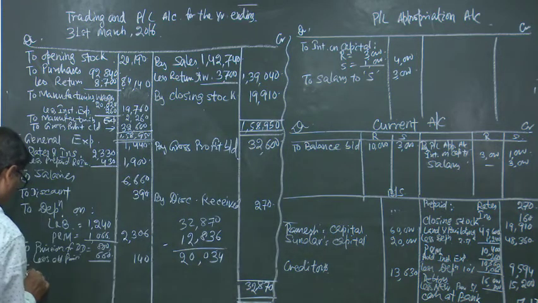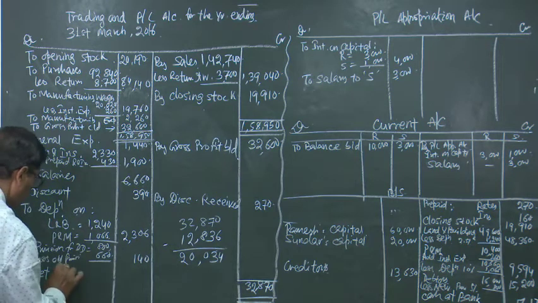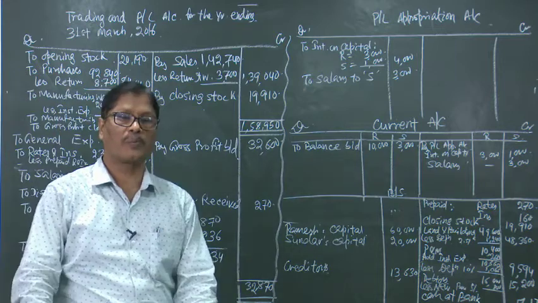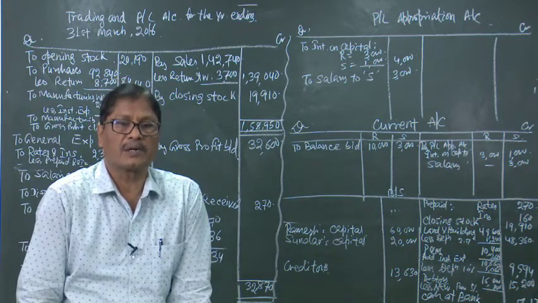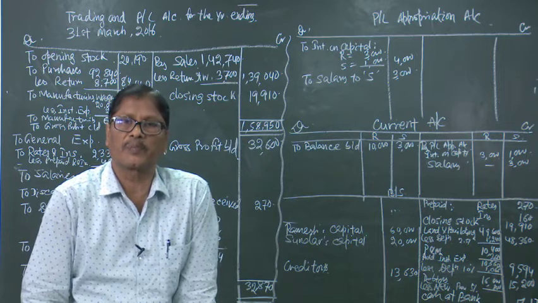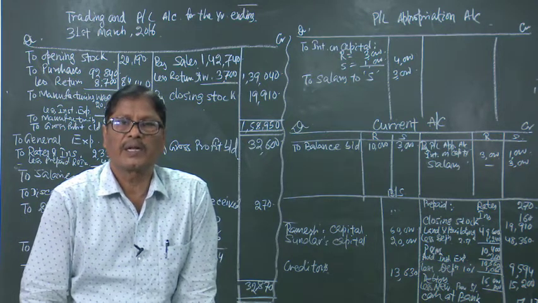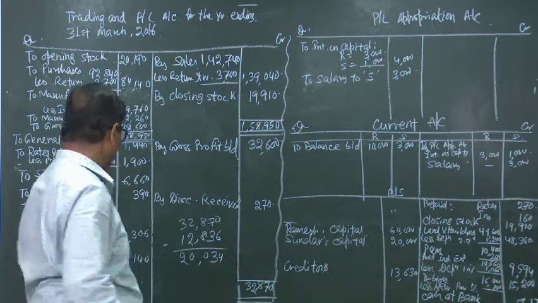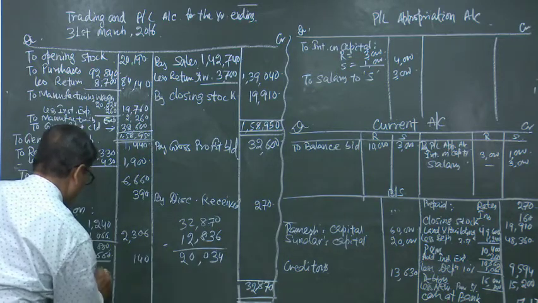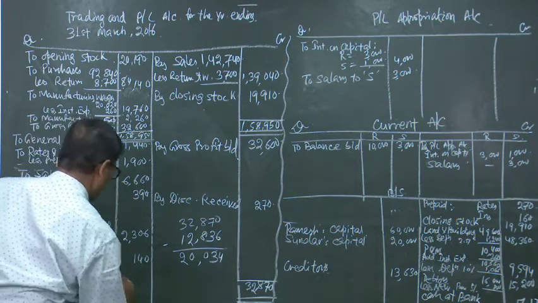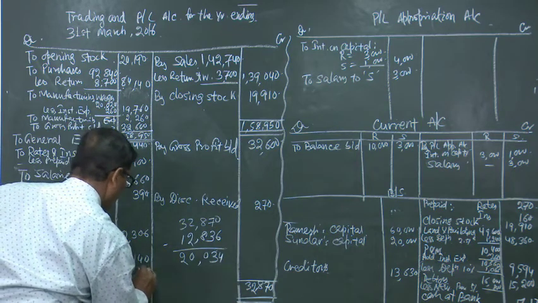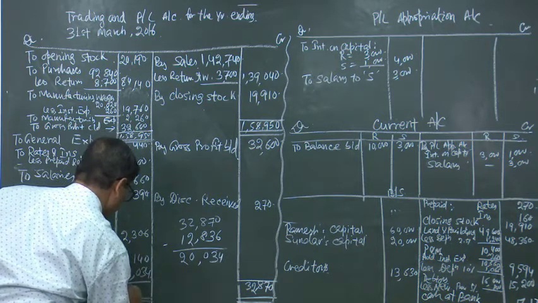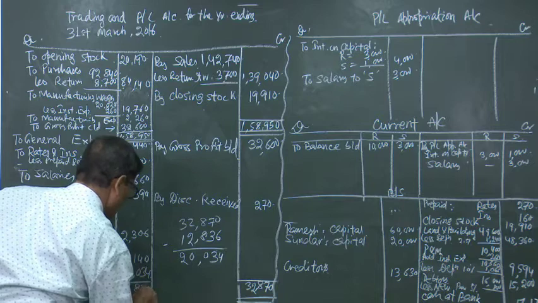To net profit, we are writing net profit to net profit transferred to capital account, but here we will not write that because profit and loss appropriation account is to be prepared. So, we can carry forward this amount to the profit and loss appropriation account. So, it will be to net profit carried down 20,034, and the total will be 32,870.